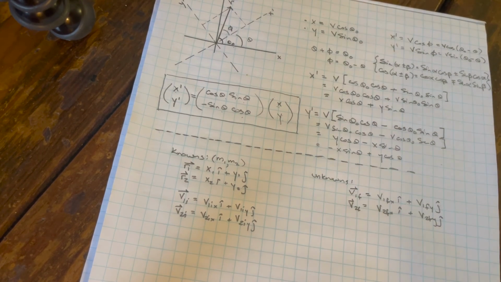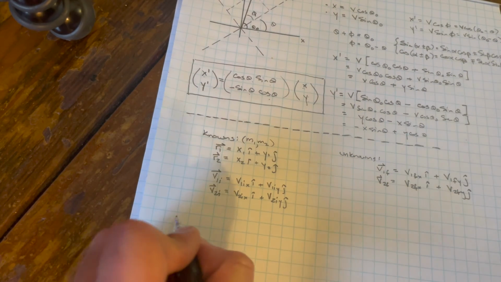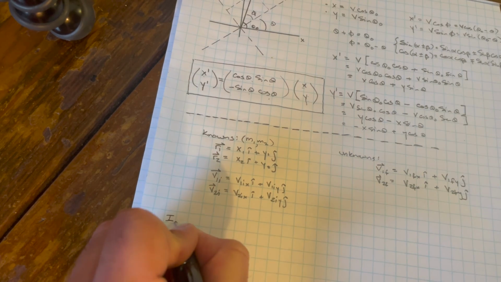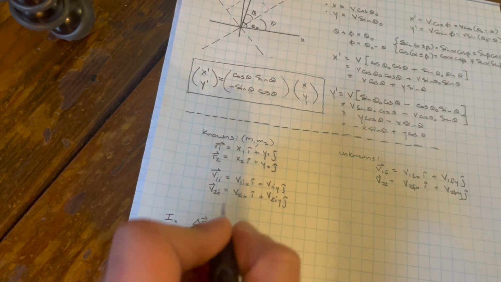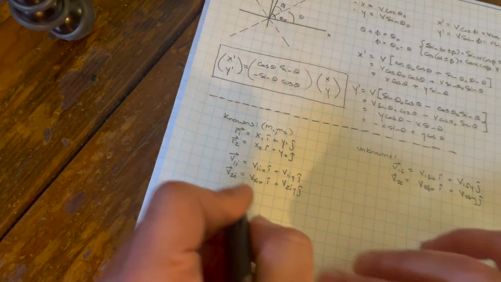And so these are our four unknowns. Okay. So the first step was to find our difference vector, the difference in position.